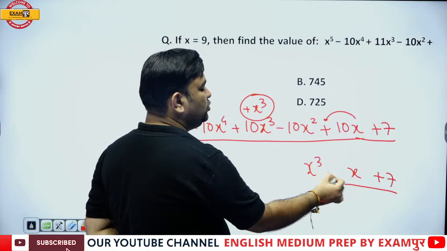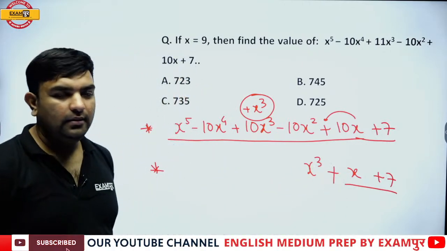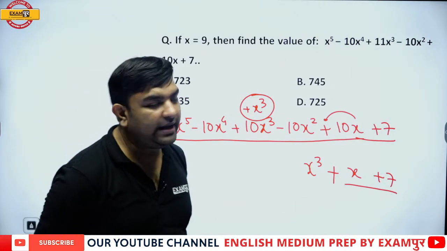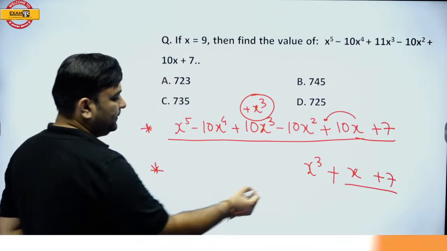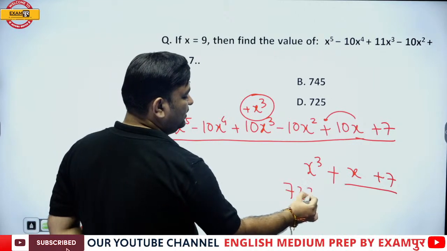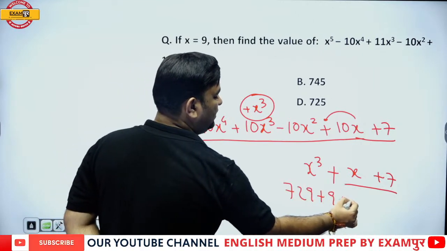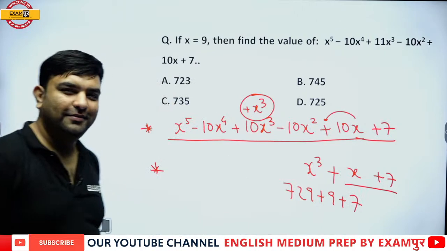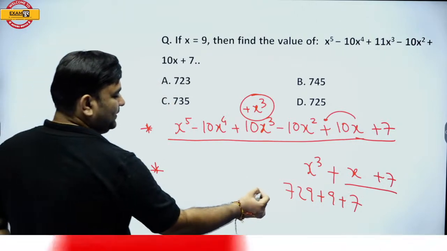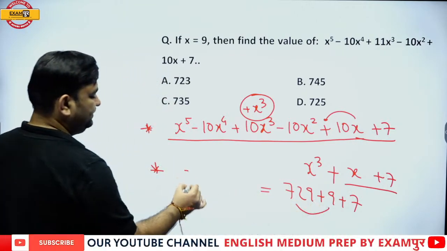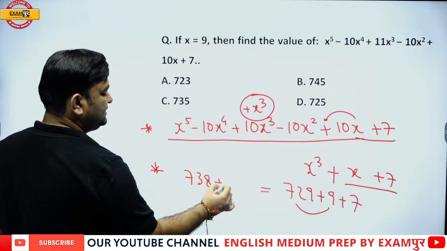So the answer is x cube plus x plus 7. X is 9. 9 cube is 729 plus 9 plus 7.